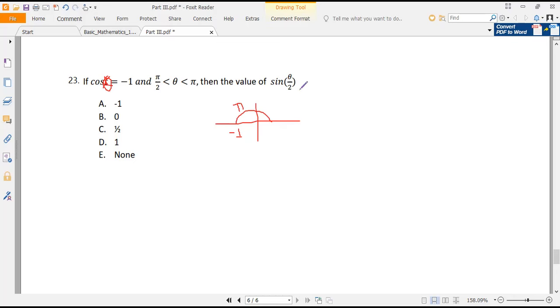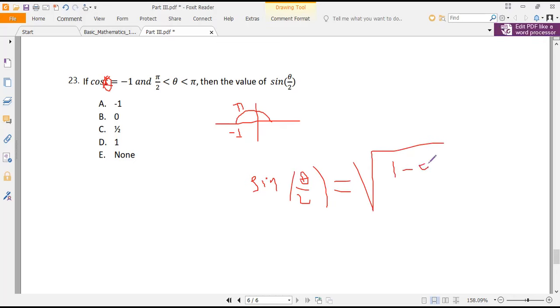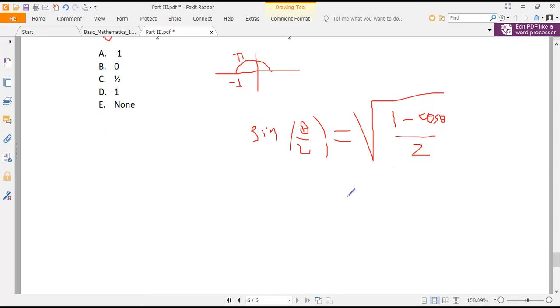Now, sine theta over 2. We can use the double angle formula. Sine theta over 2 is the square root of 1 minus cos theta over 2, which is the square root of 1 minus minus 1 over 2.